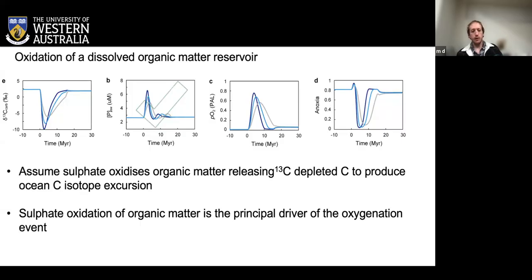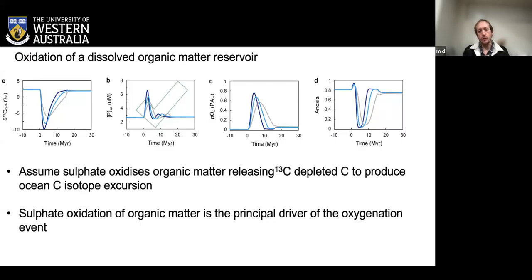So in our biogeochemical model, we have an ocean that is filled with dissolved organic carbon. And what we do is we then simulate a flux of sulfate to the oceans, which then oxidizes this DOC reservoir. And that gives us this carbon isotope excursion.